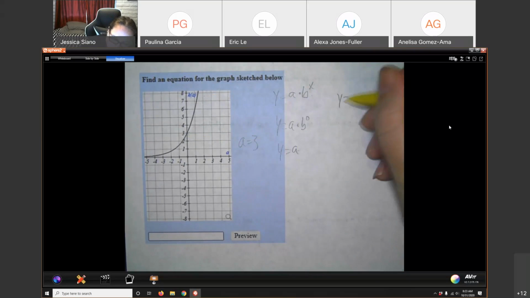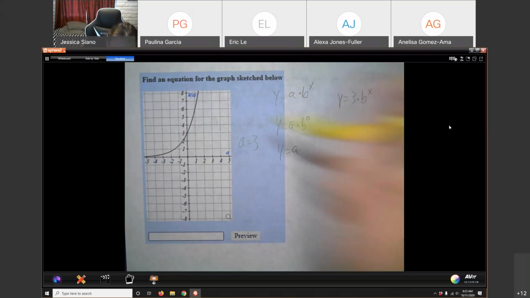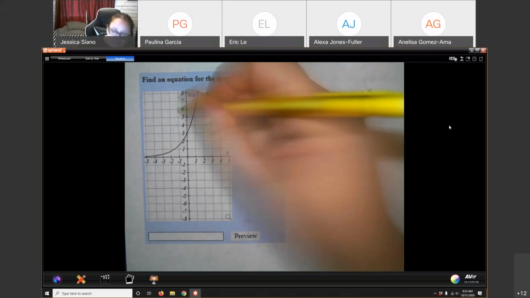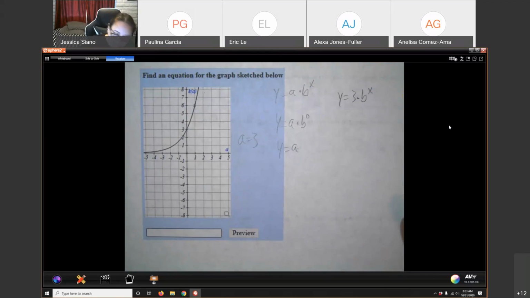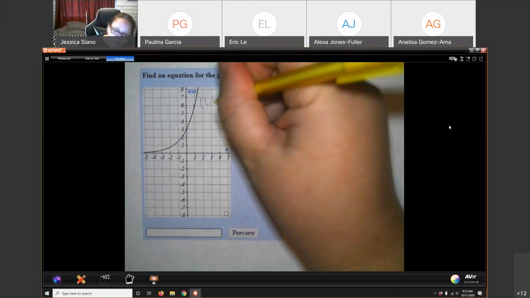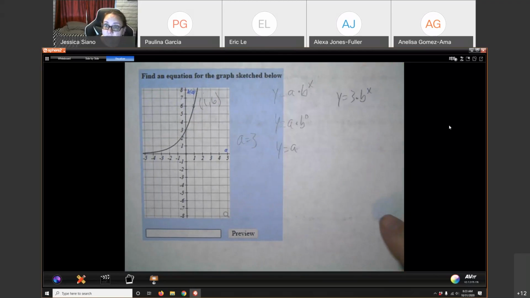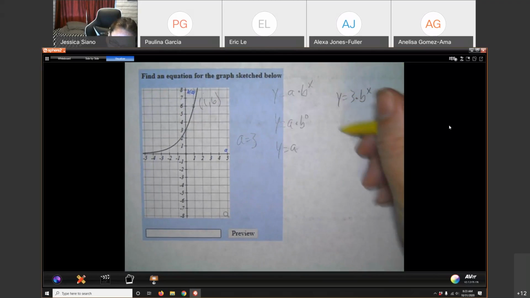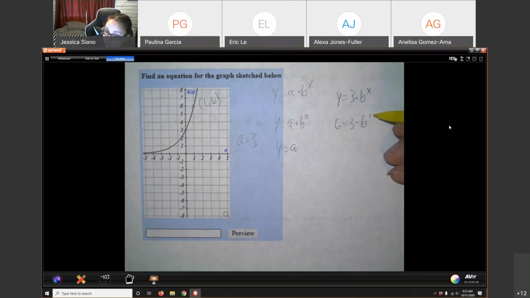So now I have y equals 3 times b to the x. Find any other point. We could use this one right here, 1, 6. And plug in. When x is 1, y is 6. Well, b to the 1 is just b. And if we divide both sides by 3, we'll get that b is 2.